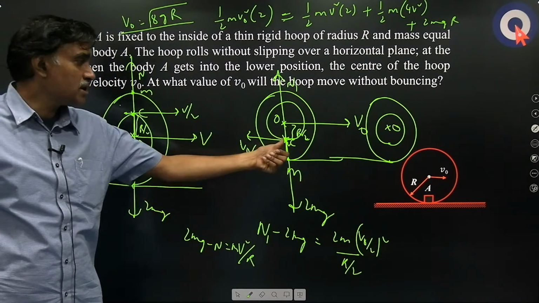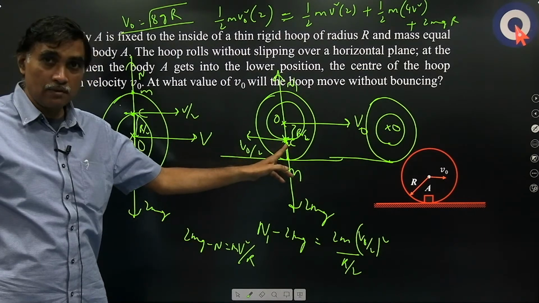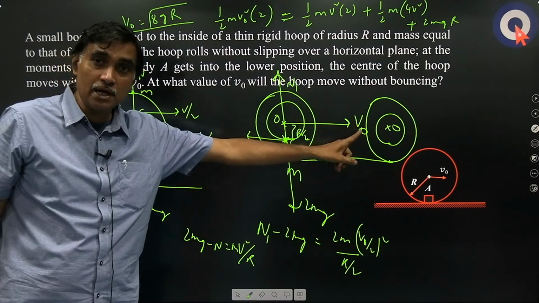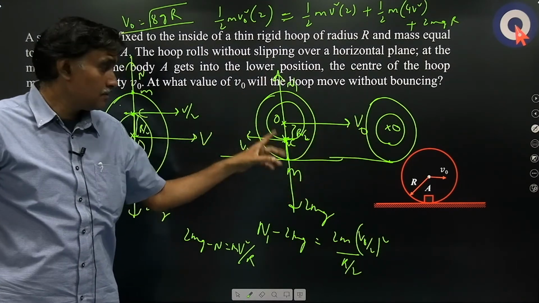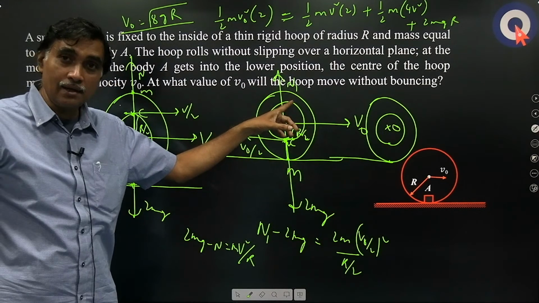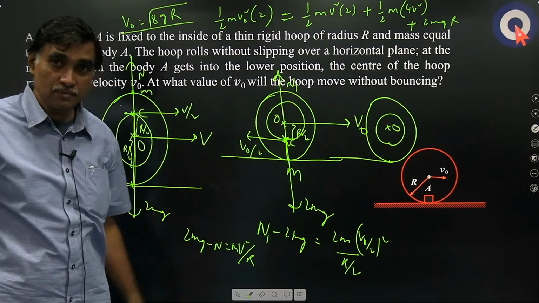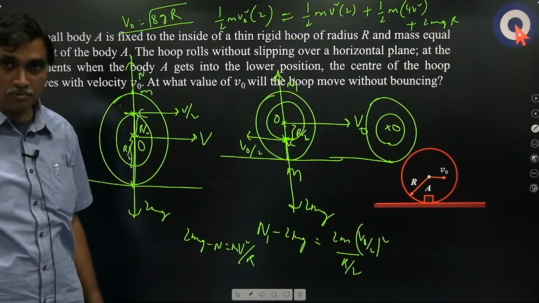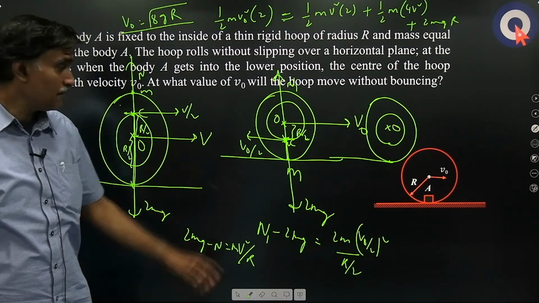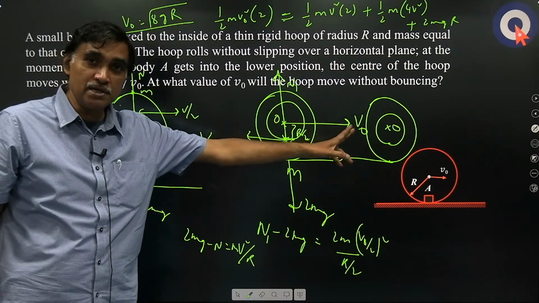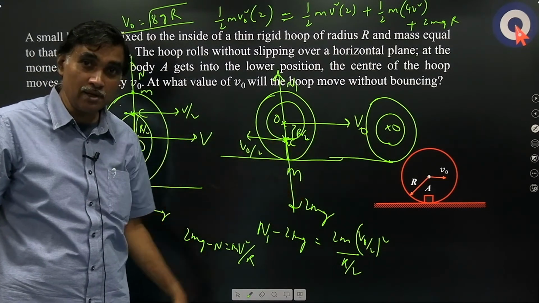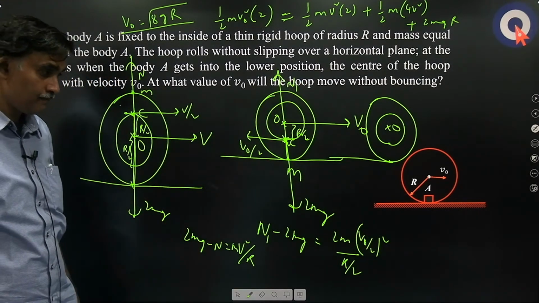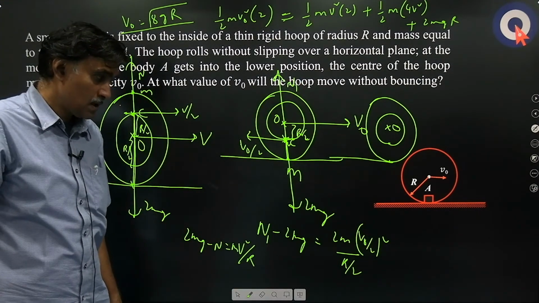So if the velocity of the center of mass is root 8gR when this particle is at the lowest point, then when it completes a half circle, the normal force becomes 0. It just loses contact with the ground, but immediately comes back in contact with the ground. So the motion is smooth. But if its velocity is greater than root 8gR when this particle is at the lowest point, it will lose contact somewhere where the normal force becomes 0.